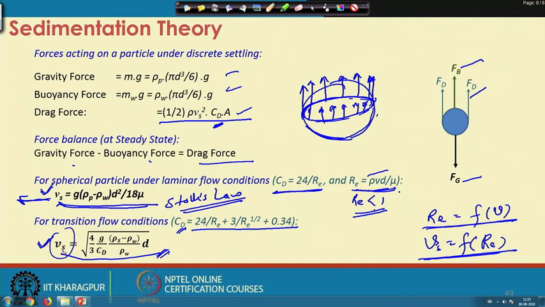Even this estimate of velocity may not be correct, because we have used a drag coefficient based on an incorrect Reynolds number, which was derived from the earlier velocity. Since the Reynolds number was incorrect, our drag coefficient would be incorrect and our estimate of settling velocity would also be incorrect. But what we do is several trials and errors. We take this settling velocity, compute the Reynolds number, compute the drag coefficient and recompute the settling velocity.